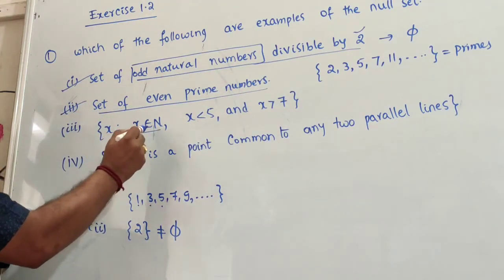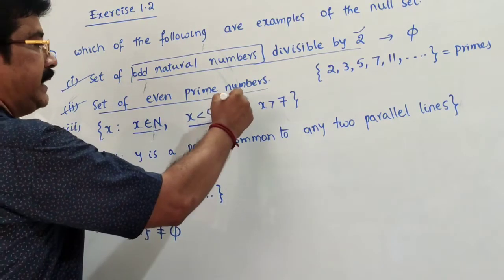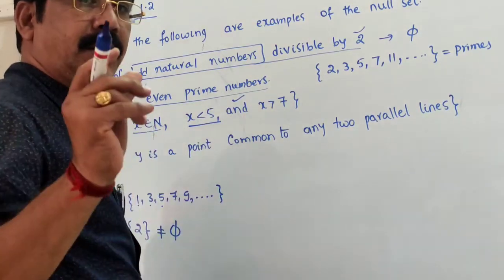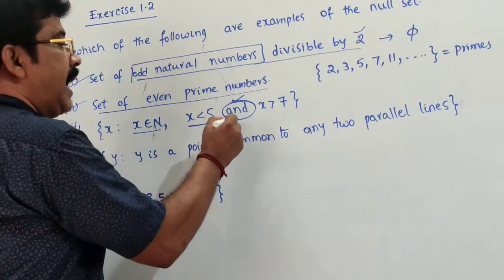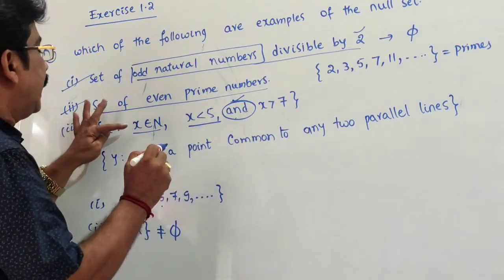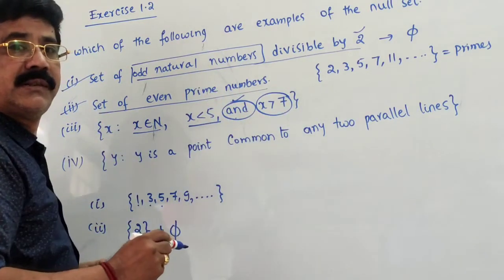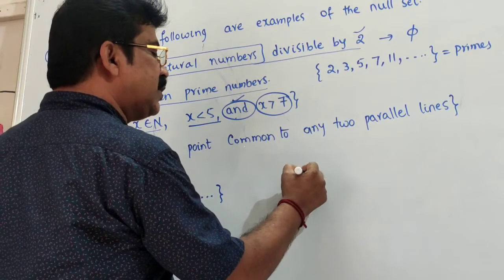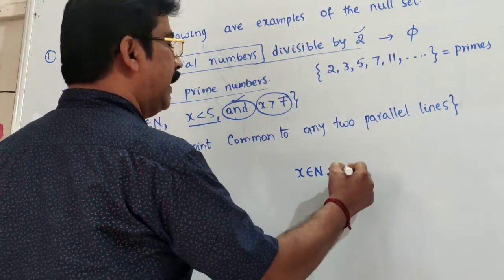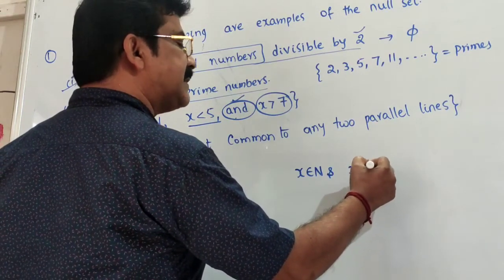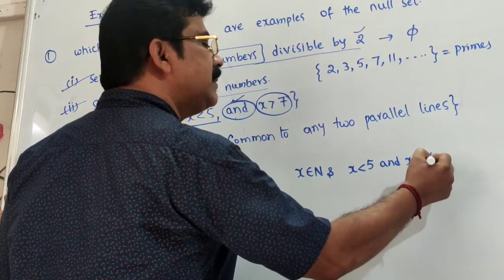Next, x belongs to natural number and x is less than 5, and you must consider the phrase or sentence "and". It means your x should satisfy the two conditions. Means x should be a natural number and x should be less than 5 and x should be greater than 7.